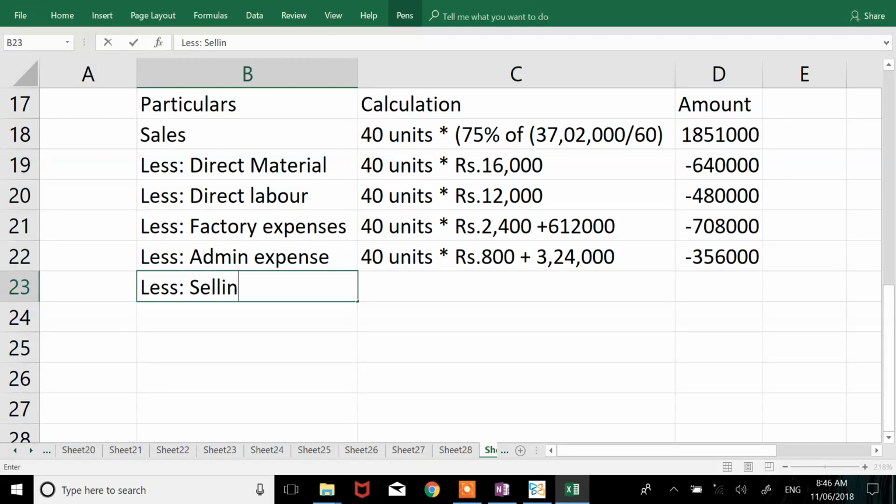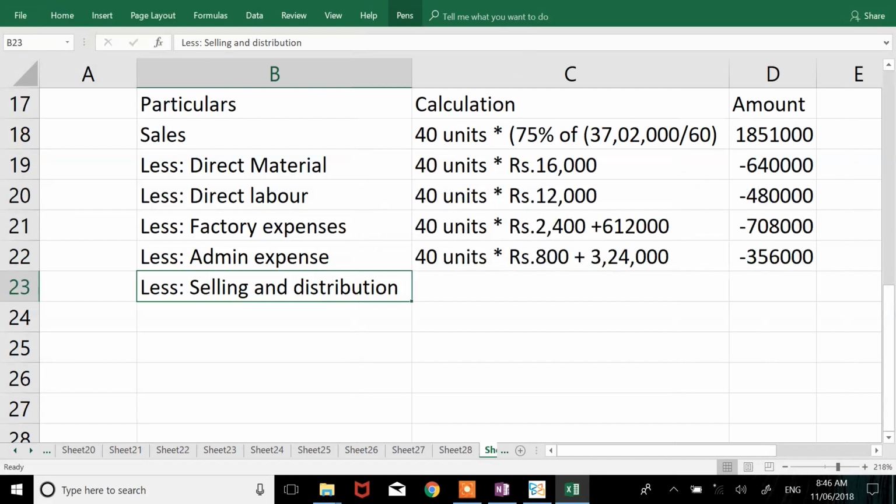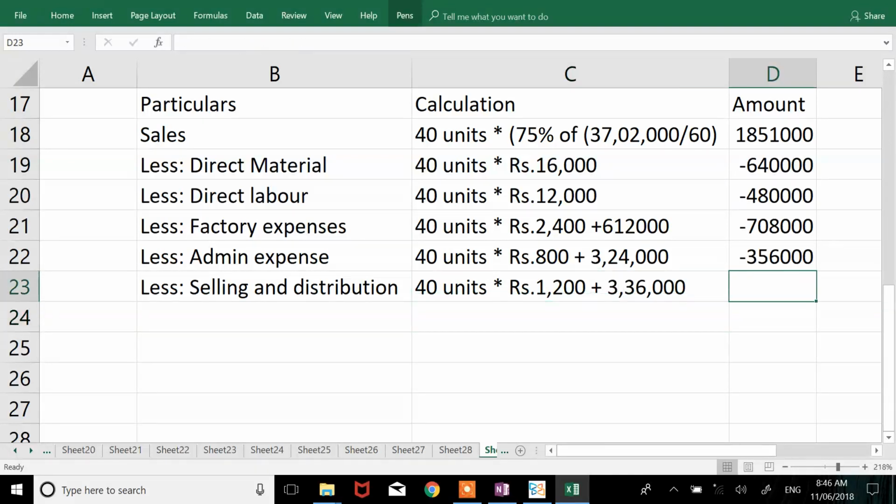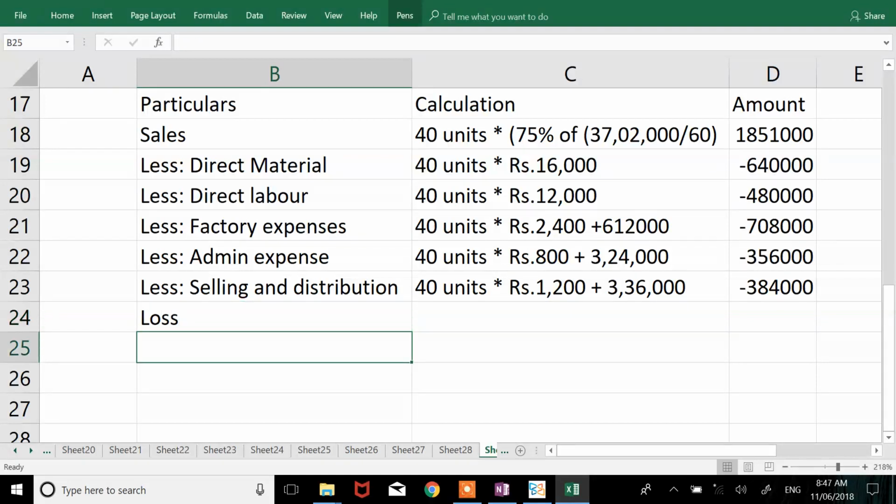selling and distribution, 40 into 1,200 plus the fixed amount. That's all. Loss.